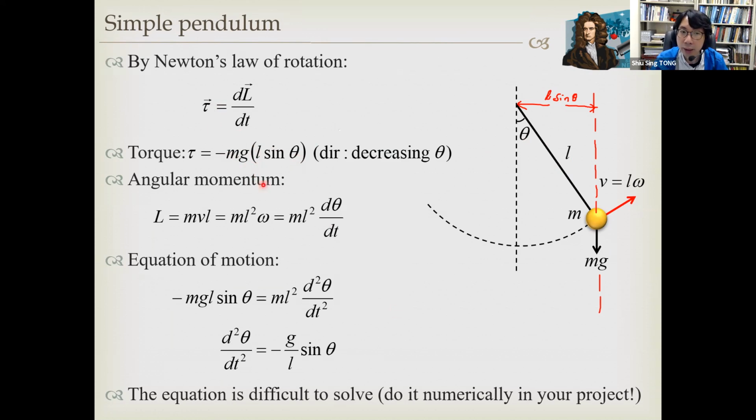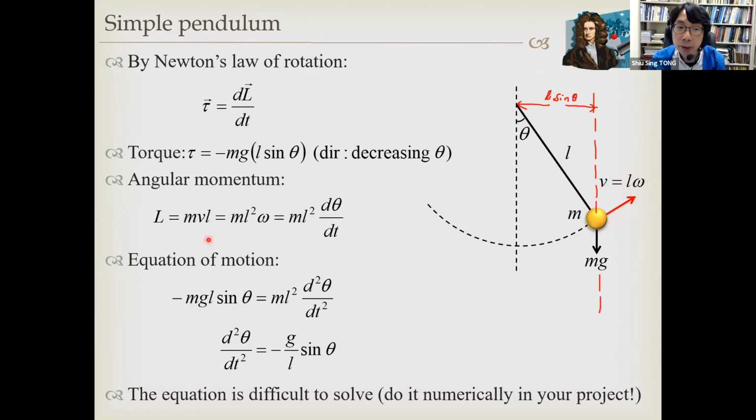Now the torque is there. How about the change in angular momentum? The angular momentum of this bob, because it's undergoing a circular motion, has linear velocity simply v equal to L omega, where L is the length of suspension, essentially the radius of the circle, multiplied by the angular speed omega.